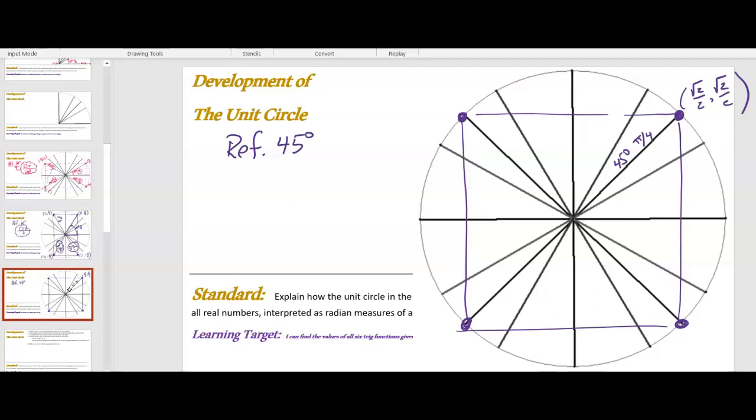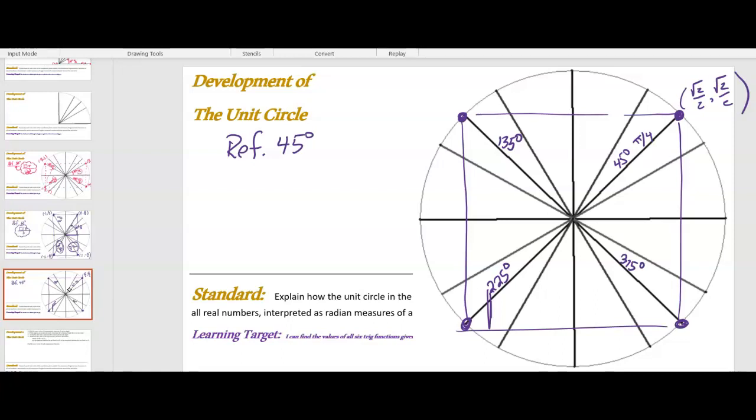So if I go 180 minus 45 degrees, that's an angle of 135. These are easy to spot because these are the only numerical values in the unit circle, angle degree-wise, that end in 5. So 45, 135, 180 plus 45 takes me to 225. 360 minus 45 takes me to 315.